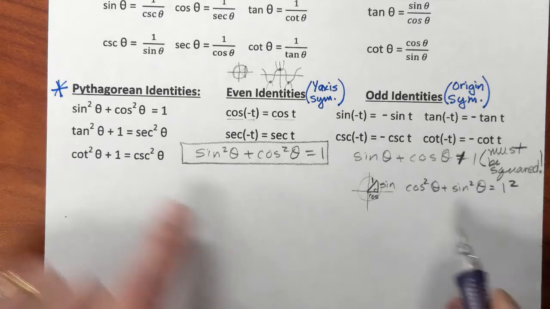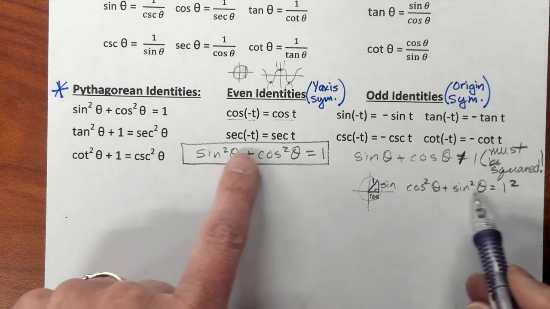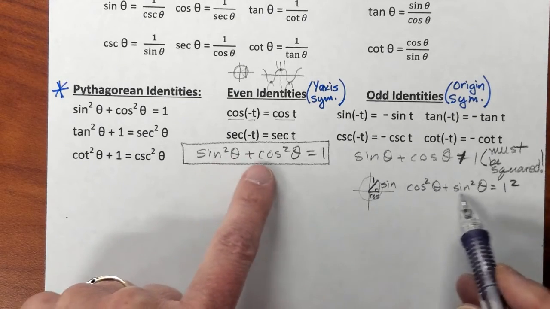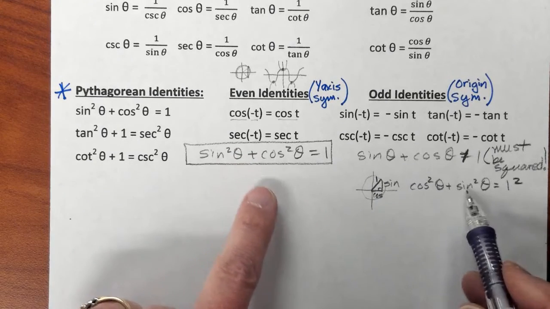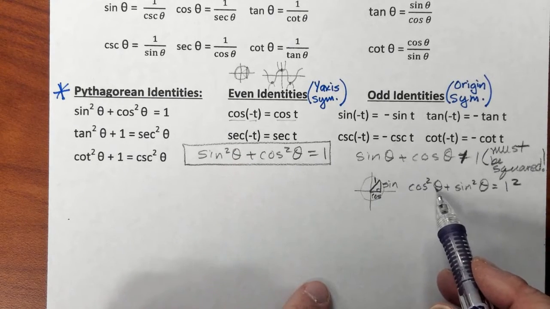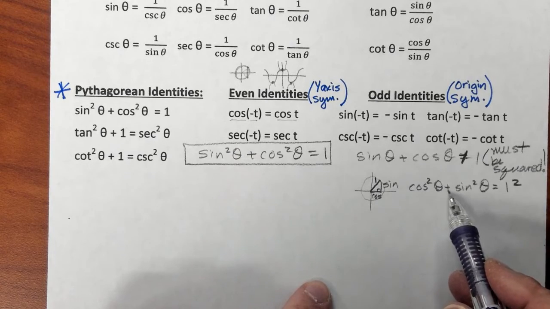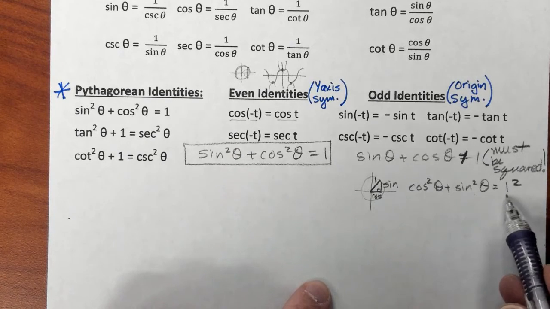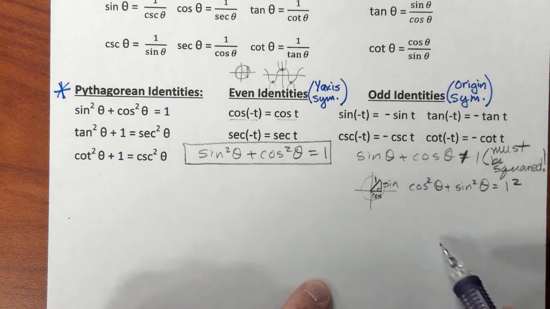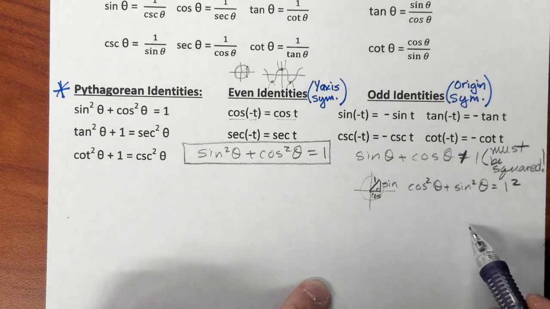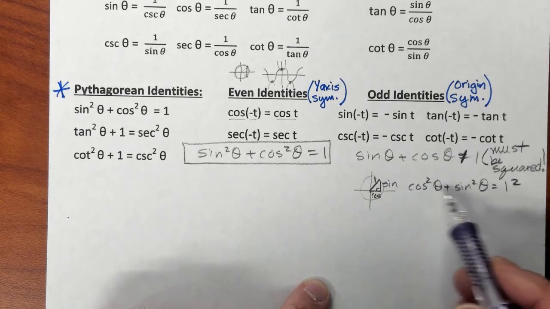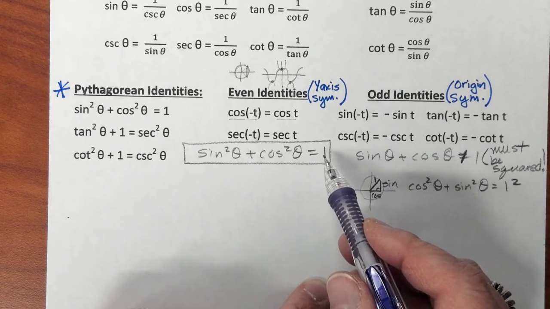Now, if you notice, I flipped the order here, but remember, addition is what we call commutative, so I can have cosine first plus sine squared equals r squared, the radius squared, the hypotenuse squared. So this is not anything new. This is just in a form that we haven't used before.